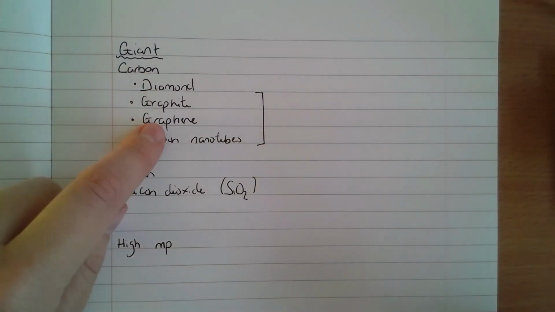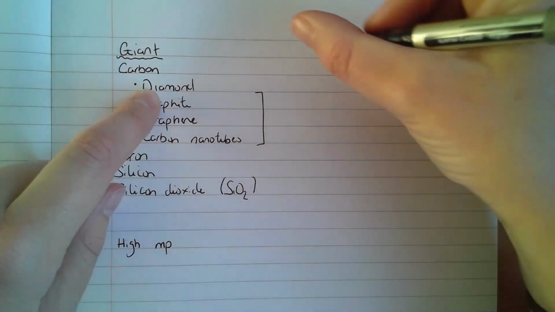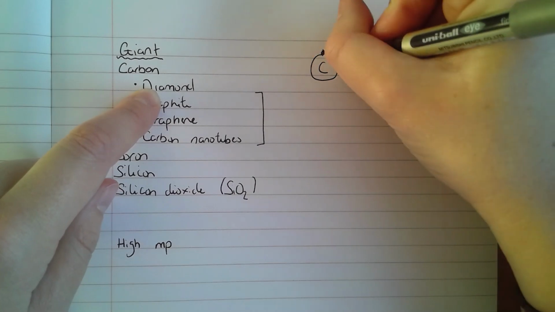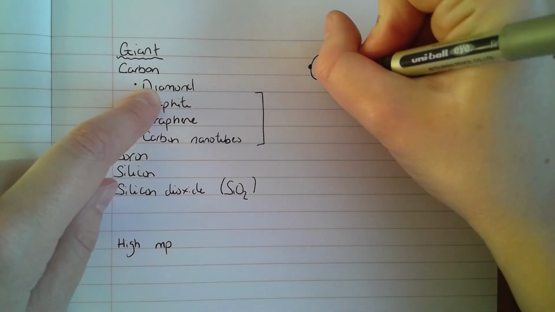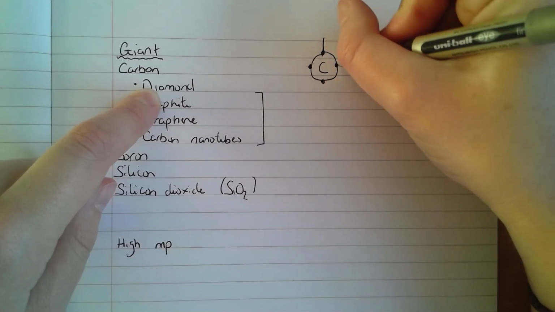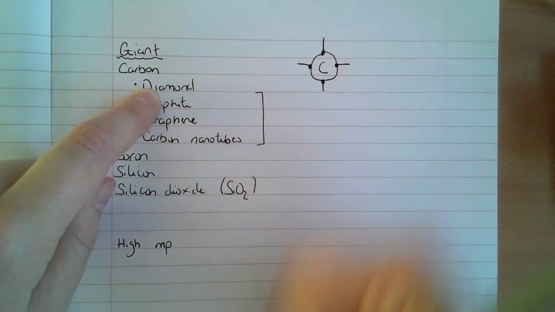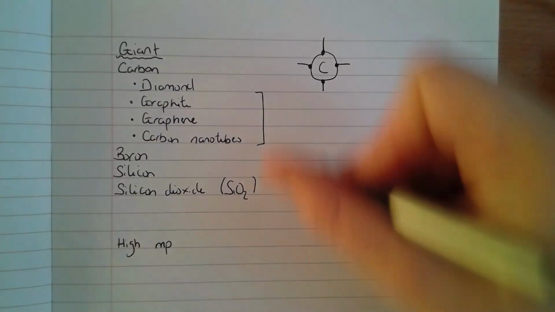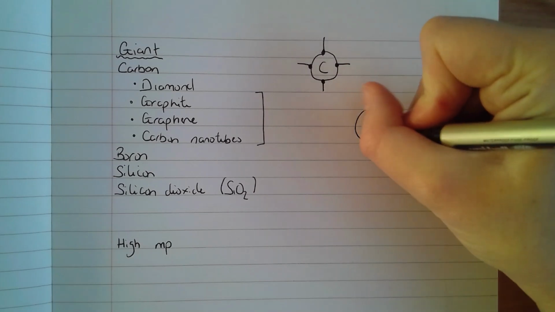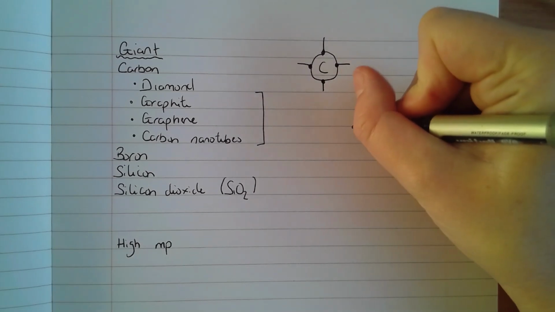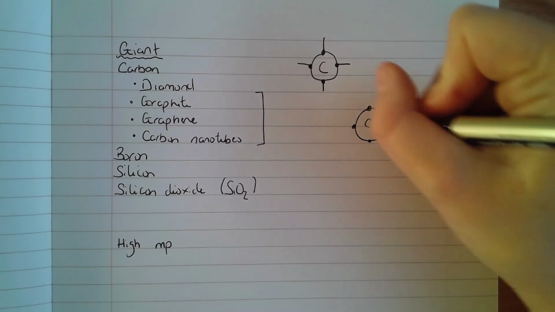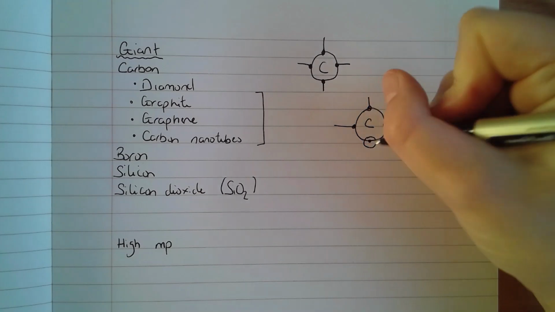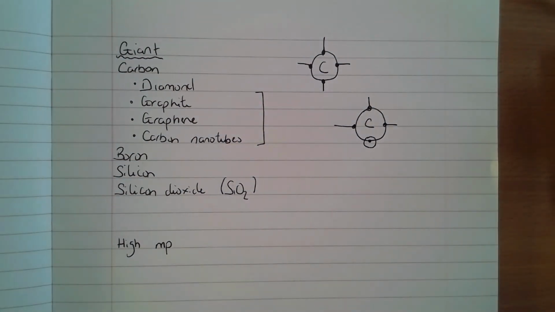So they're all allotropes of carbon. In diamond, your carbon atoms form 4 bonds. Carbon has got 4 outer electrons, and in diamond, all of those electrons are used to form covalent bonds. But in graphite, graphene and carbon nanotubes, carbon still has 4 outer electrons, but this time carbon only forms 3 bonds, meaning each carbon atom has got 1 electron left over.